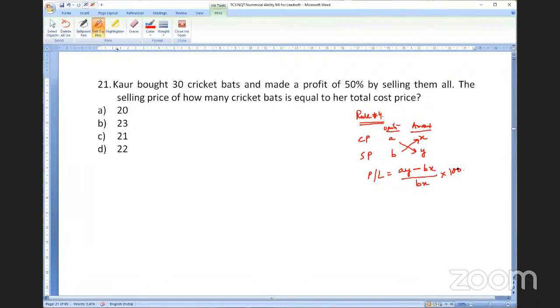As simple as that. What we need to do is understand and see how we can fit in our rule 4 of profit and loss or not.